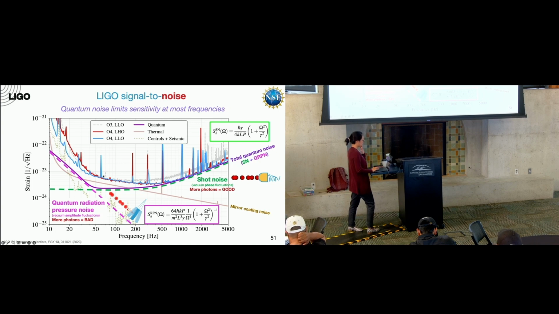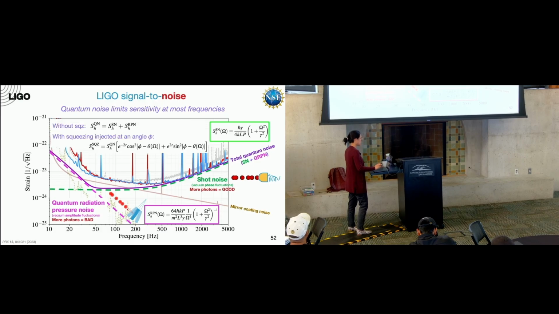So real-time calibration is a challenge. Anyways, all this is to say that shot noise on a photodetector is flat, but calibrated into displacement sensitivity, it is not flat because we're not equally sensitive at all frequencies, and shot noise is flat in milliamps.